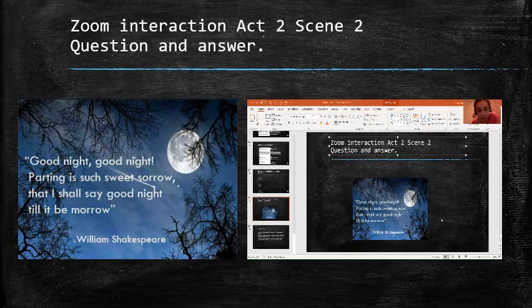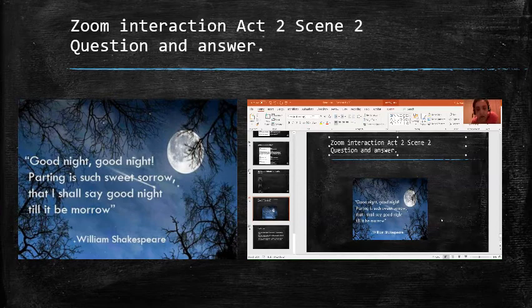So they are saying that it is a sorrowful departure, but they've got some hope in their heart when they say that I shall say good night till it be morrow. What do you think the word morrow means? Tomorrow. Very well done. But it also means the following day, so the next day.